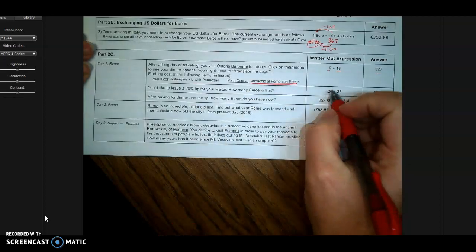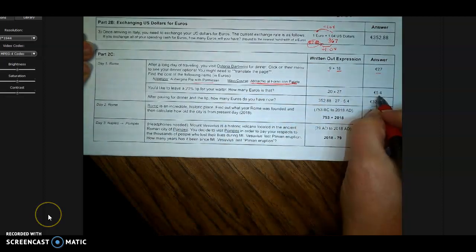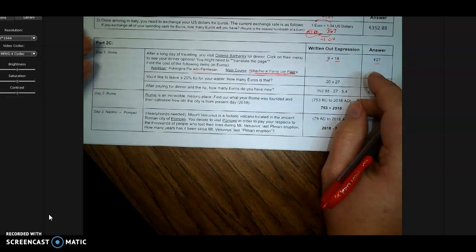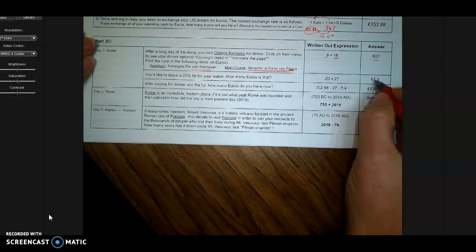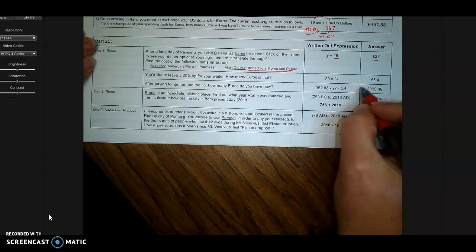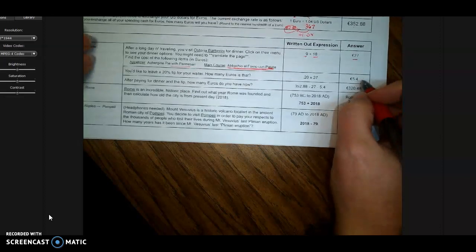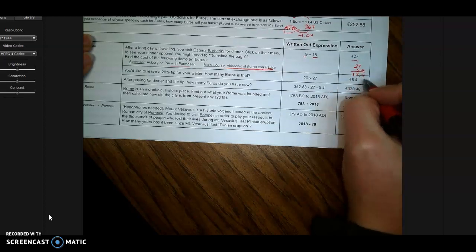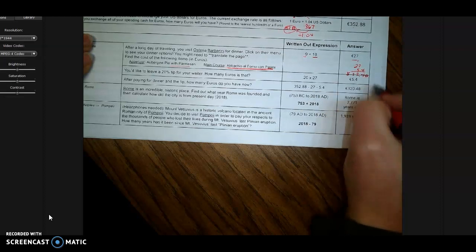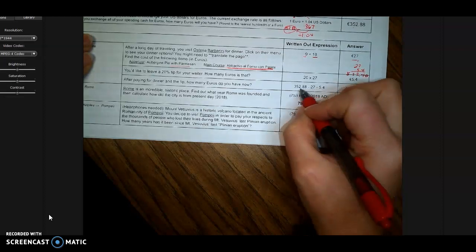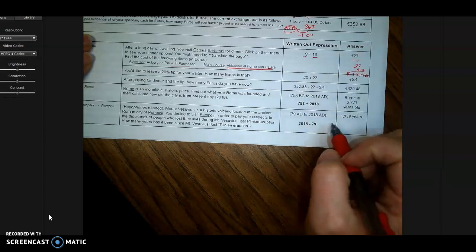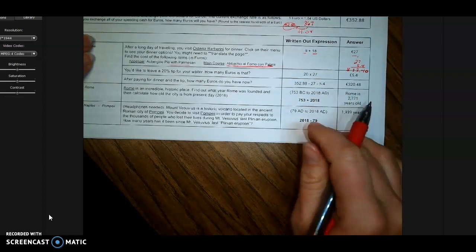So I'm going to find 20% of 27, which is 5.40 euros, which means that when I add those together, I get my total for my dinner. My total bill would be 27 plus 5.40, so 32.40 euros for my total bill for dinner. And I subtract those from the amount of euros that I had, and this is how many euros I have left at this time to spend now.